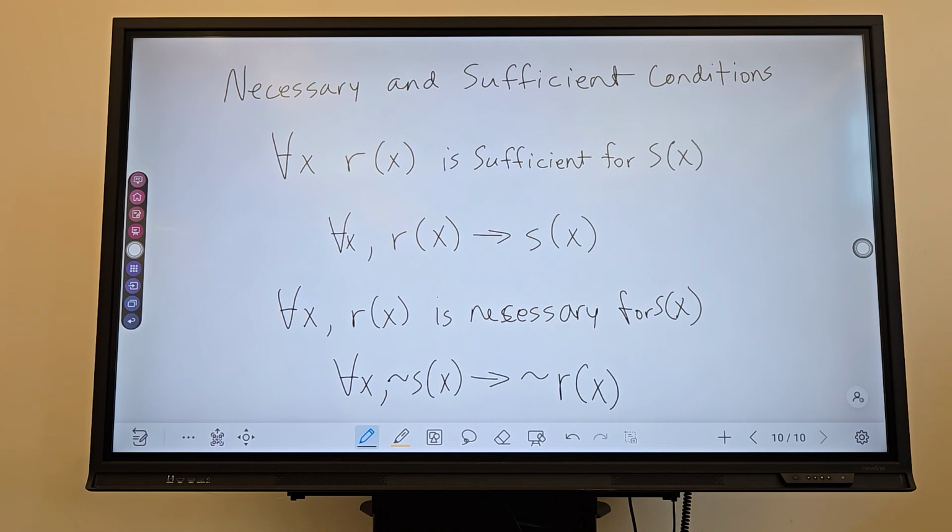Or, for all persons X, if X is President of the United States, then X is at least 35 years old. So, just different ways of saying the same thing.